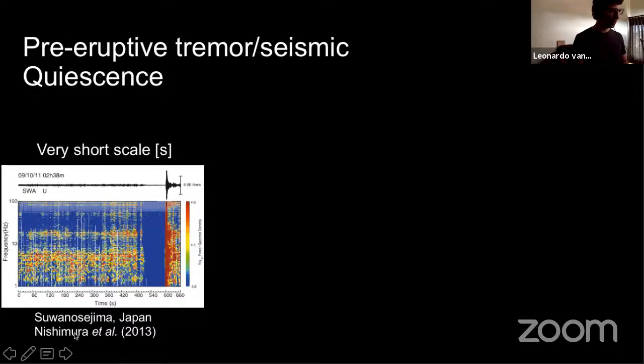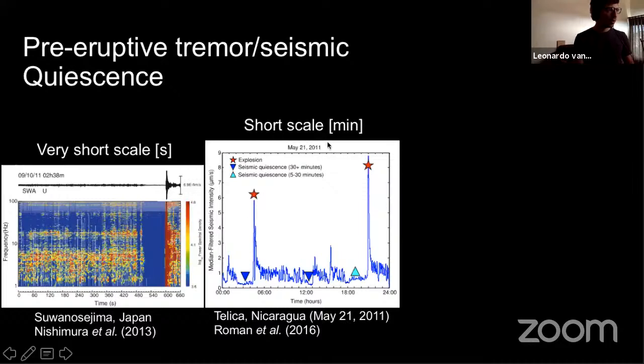For example, at Sakurajima in Japan, there's a very short scale tremor interruption before some of the explosions. This is in a matter of seconds, but also on a, let's say, short scale of 30 minutes or so at Lascar volcano. This is work from Diana Roman. There's some tremor quiescence before some of the explosions in an ongoing eruption.